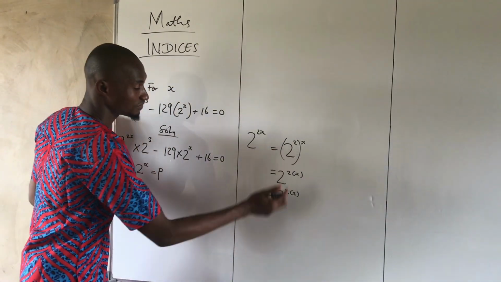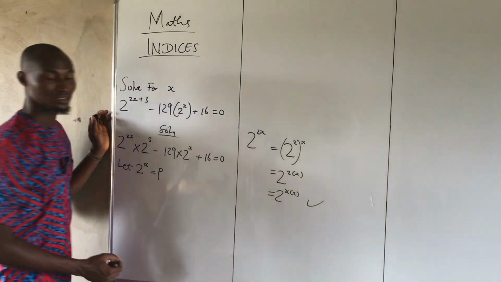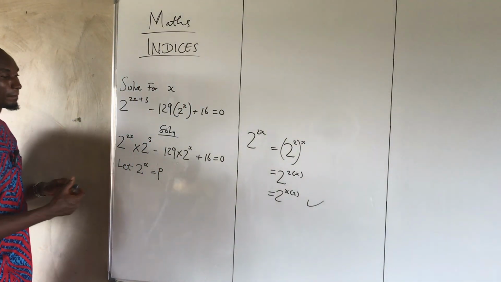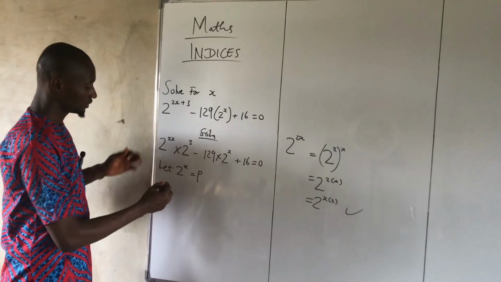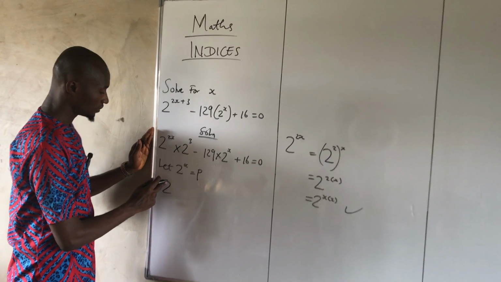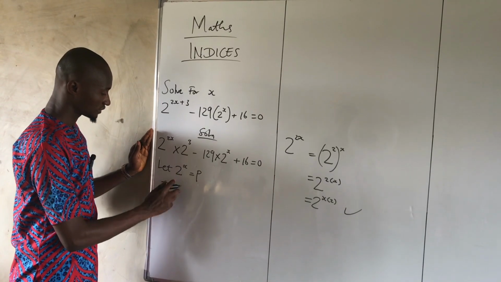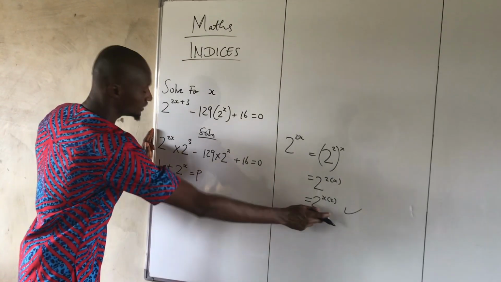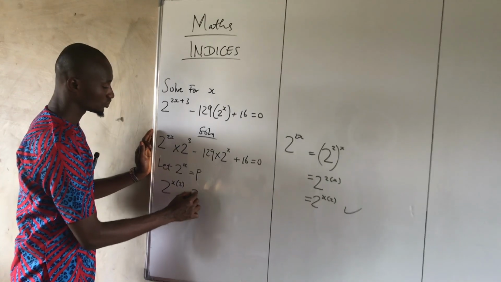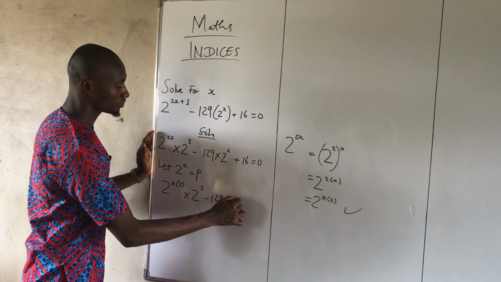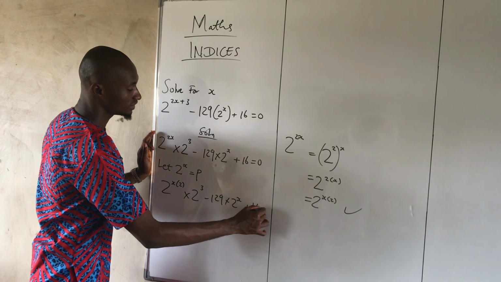Any of these can serve, but I would advise you to take this. Applying this here, we have 2 raised to the power x, squared, times 2 raised to the power 3, minus 129 times 2 raised to the power x, plus 16 equals 0.